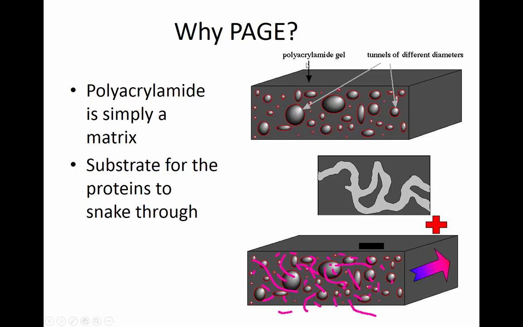So proteins will enter these tunnels, and they'll snake through. The smaller will go through quicker because they're smaller. The larger will take a longer time to go from negative to positive, and that's why they will end up at the top of the gel, because they haven't gotten as far.